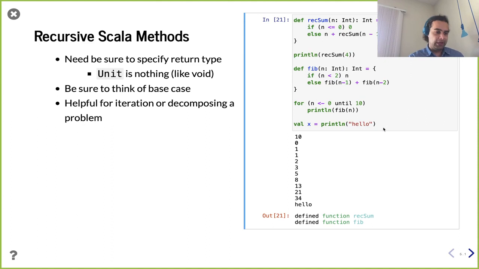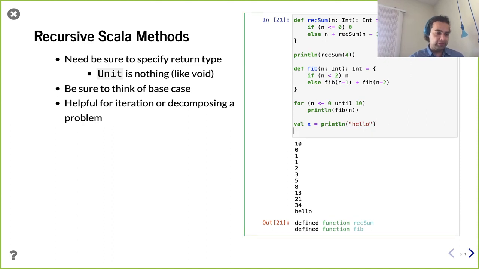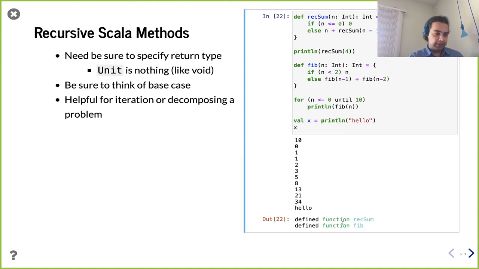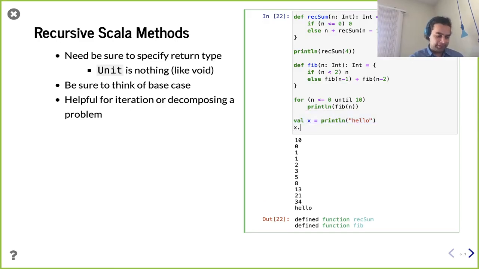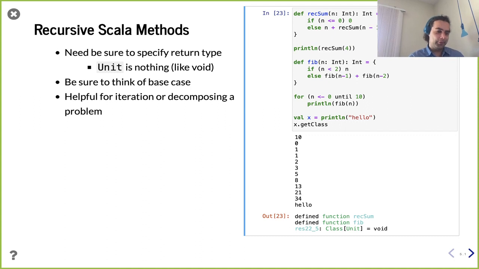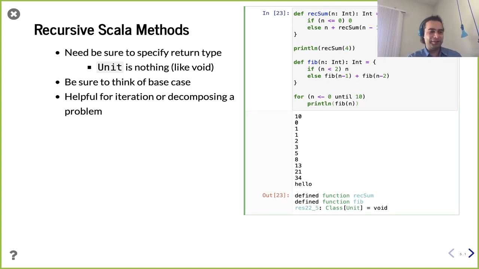So it's going to print that out, but then I should say what is x, and x is going to be unit. Is that not cut off? Oops, that might be cut off. But the type of, actually, I'm sorry, yeah, void, right? It's a unit. Okay, so there we go.